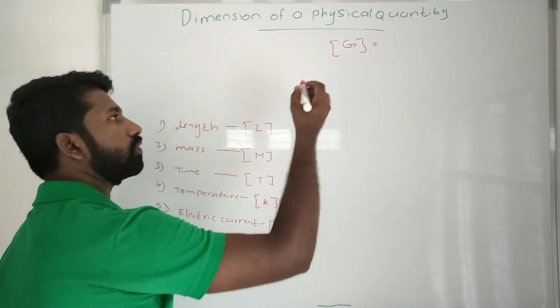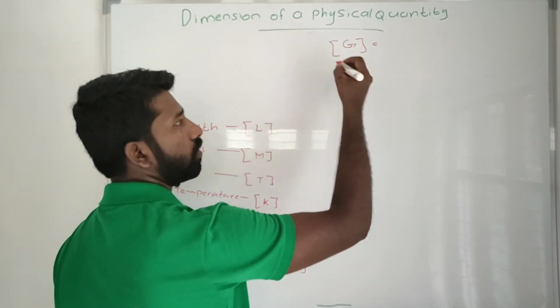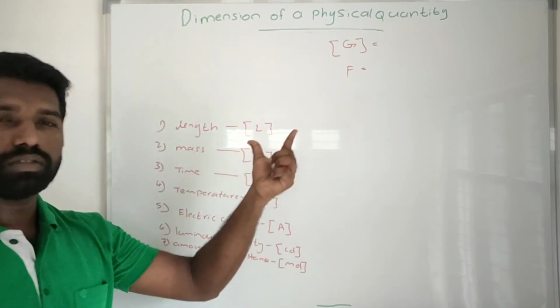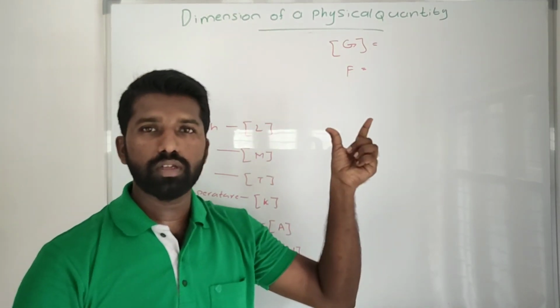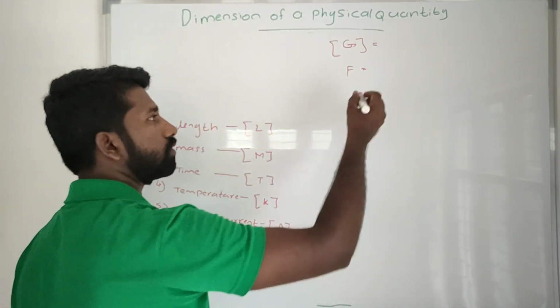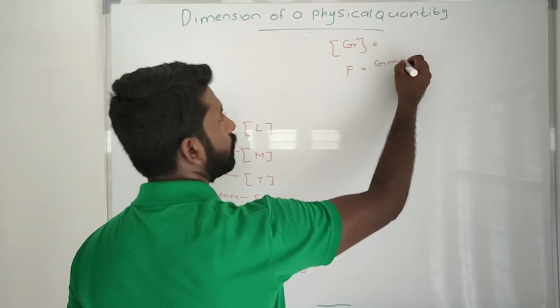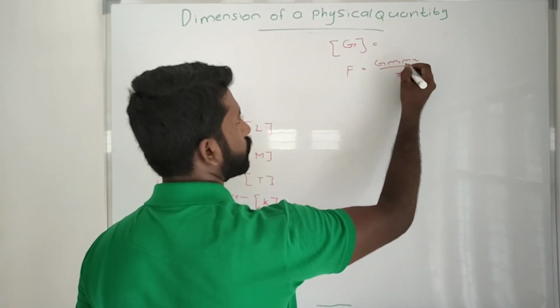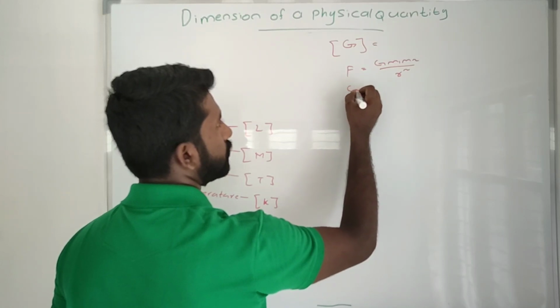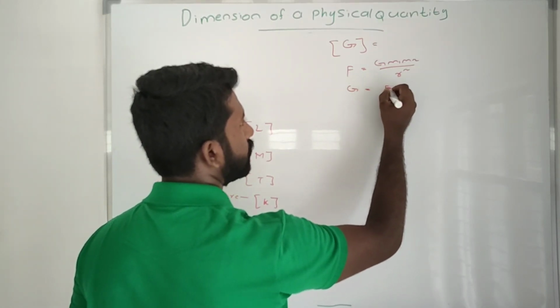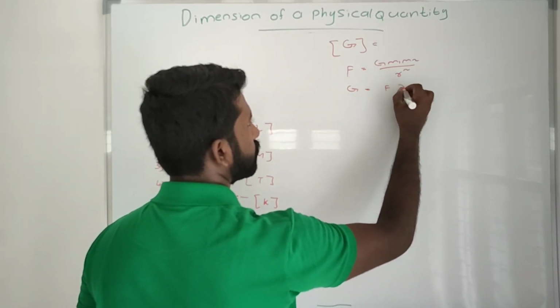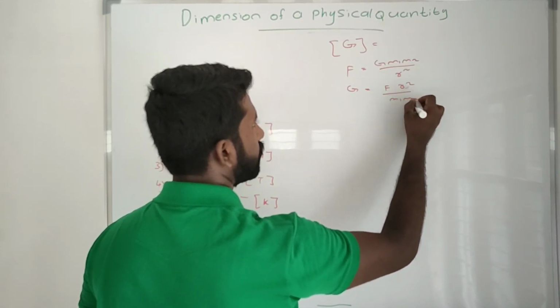So what is the universal gravitational law? If two masses are separated by a distance, the force F is equal to G m1 m2 divided by r squared, where r is the distance. From this I will get G is equal to what? You will get F r square divided by m1 m2.